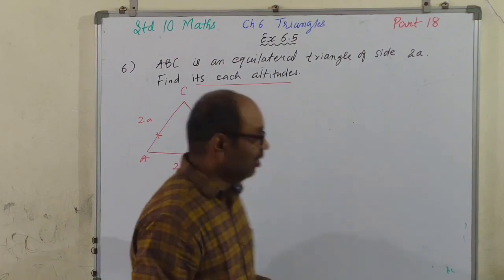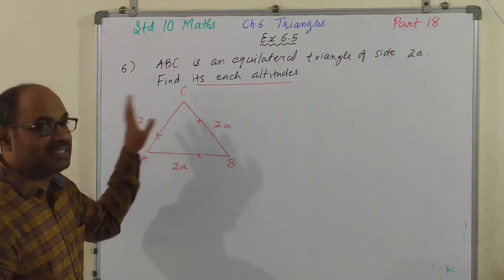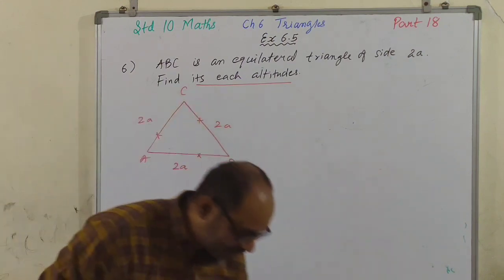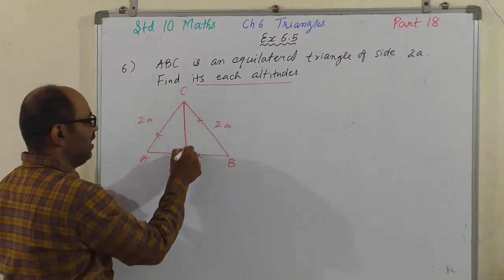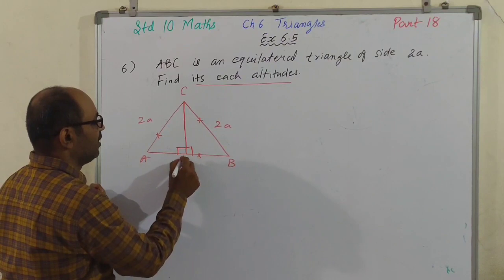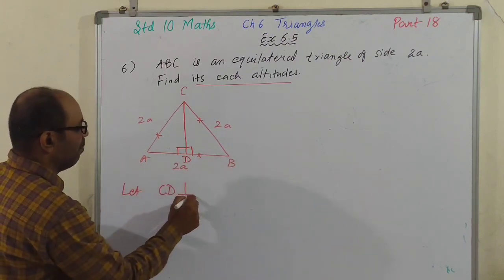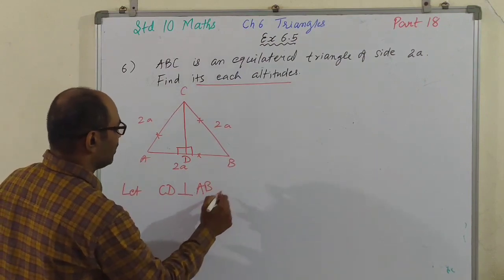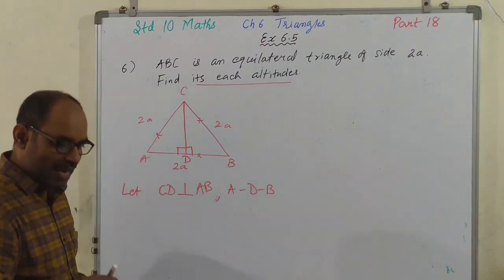Remember that. So here is equilateral triangle with measure of each side equal to 2a, and you have to find the length of altitude. So I am going to draw altitude, children. CD is altitude. Let CD be perpendicular to AB such that A dash D dash B. वो perpendicular लेना पड़ेगा.